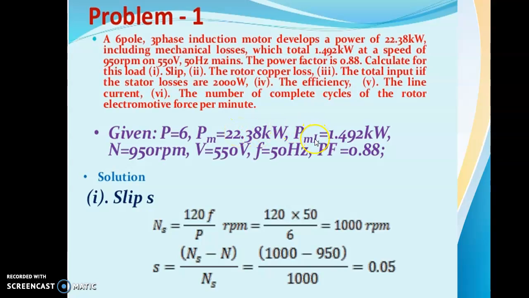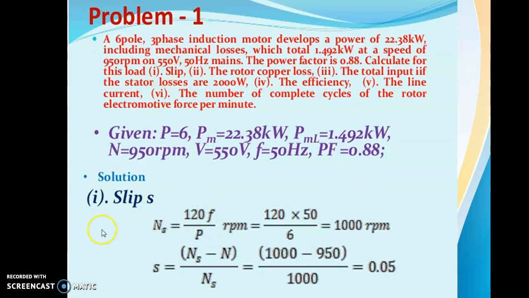Next, the mechanical losses, P mechanical, are 1.492 kilowatt. Next, it runs at 950 rpm, so N will be 950 rpm, voltage will be 550 volt, frequency will be 50 hertz, and finally the power factor will be 0.88. So first of all, now we will move towards the solutions.